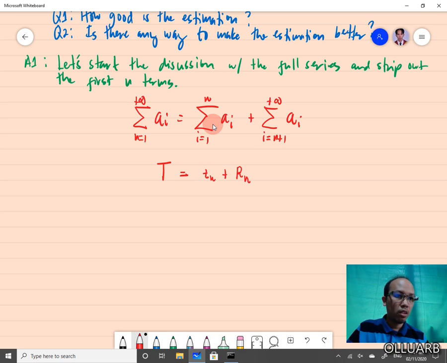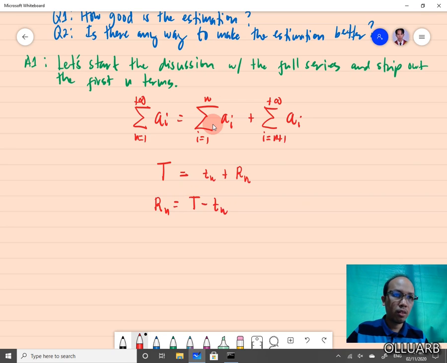Finally, we can rearrange this and write r sub n equal to t minus t sub n.